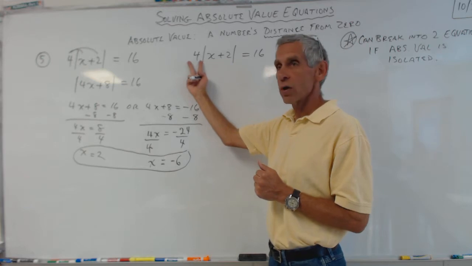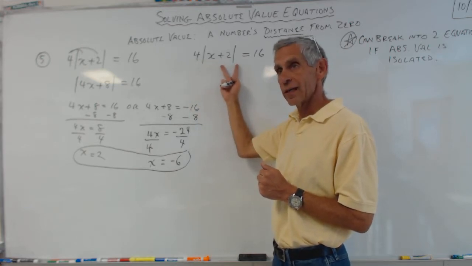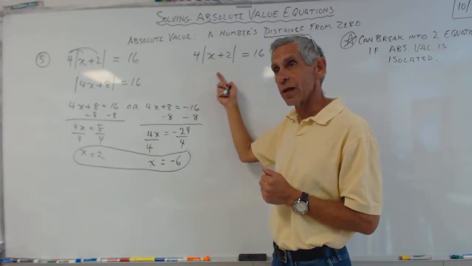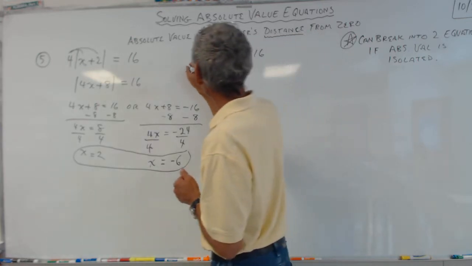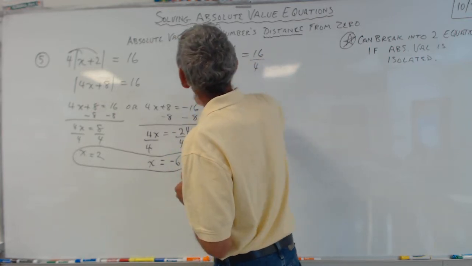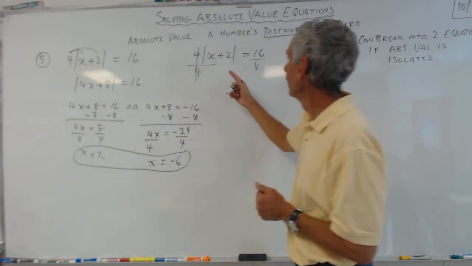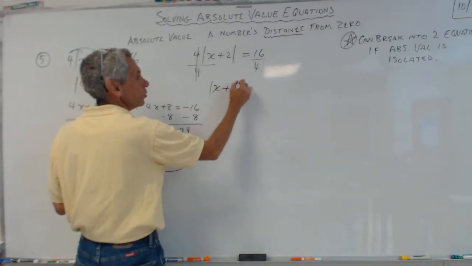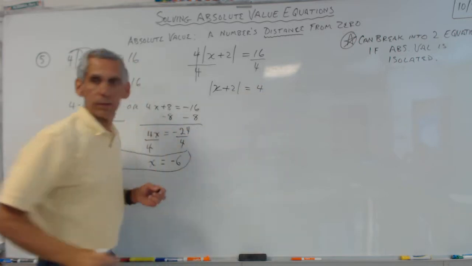You've got this 4 being multiplied times this absolute value is equal to 16. What's the opposite of multiply? Divide. So you could divide the 4 out, and now suddenly you just have the absolute value of x plus 2 is equal to 4.